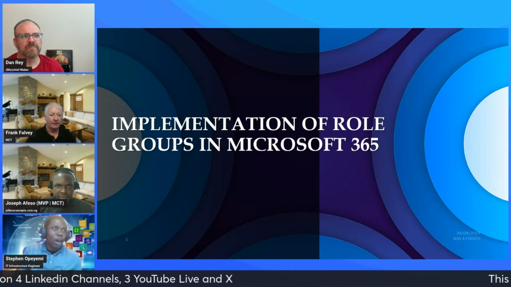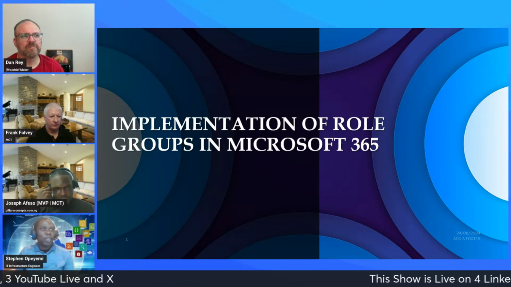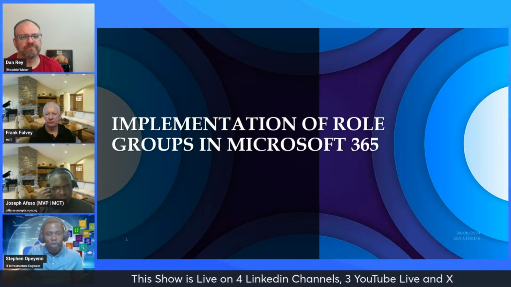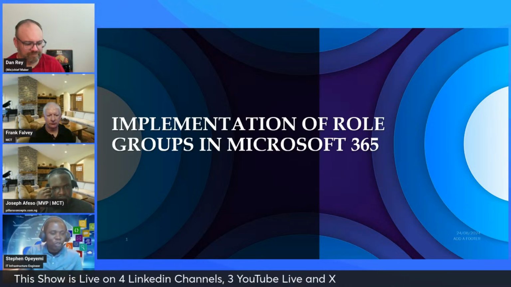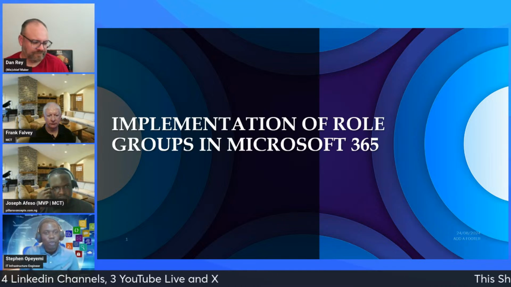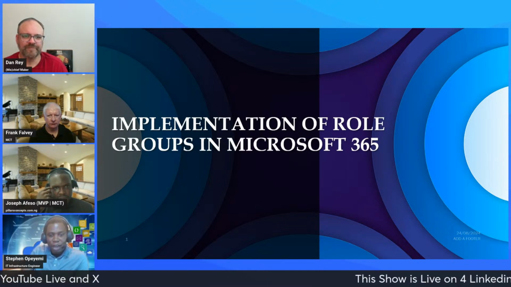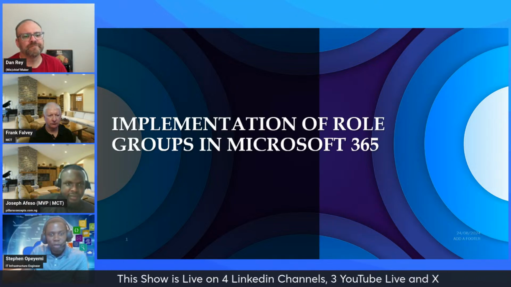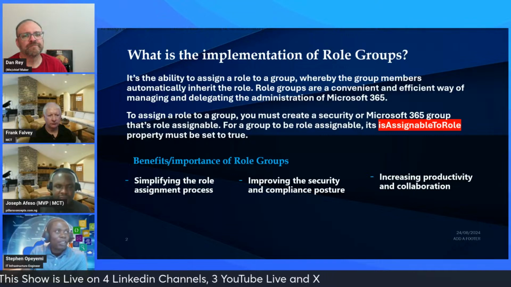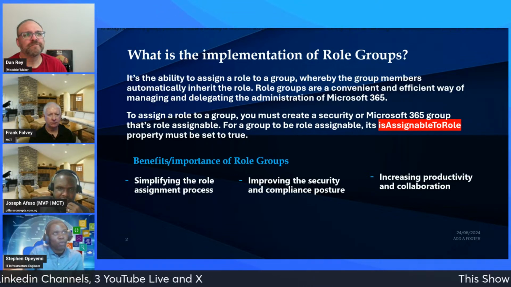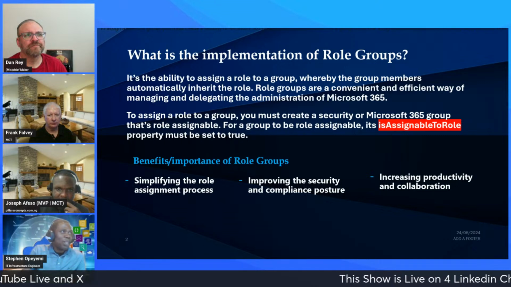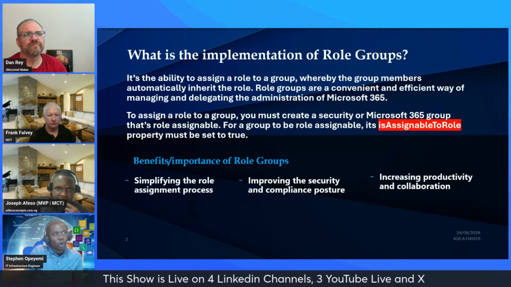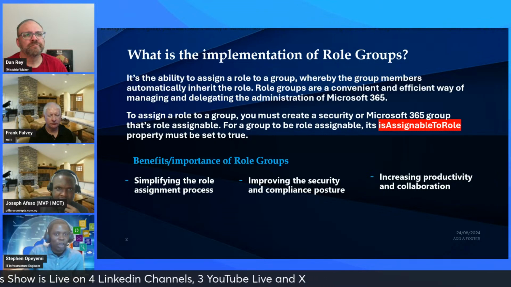Yeah. Thank you. So today I'll quickly be talking about implementing role groups in Microsoft 365, which is in line with what Joseph has been talking about. So what is the implementation of role groups? It is the ability to assign a role to a group. That word, a role to a group, not an individual, not a user.